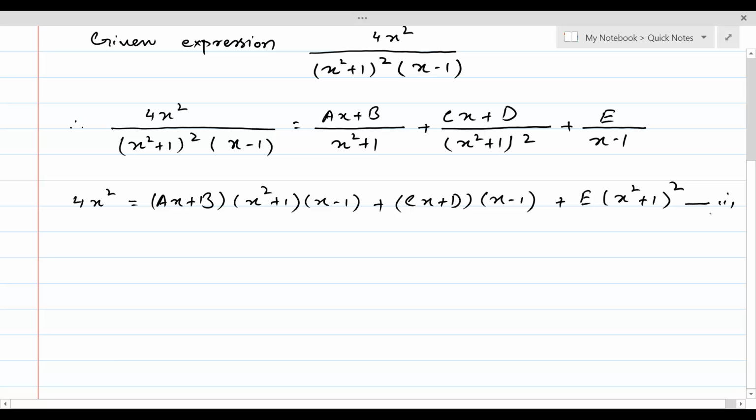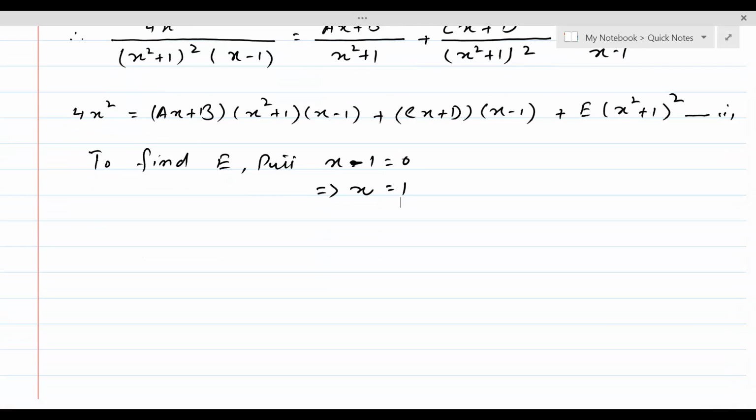We can get the value of e by substituting x − 1 equal to 0, because x − 1 is a linear factor. To find e, put x − 1 equal to 0. This means x equal to 1.